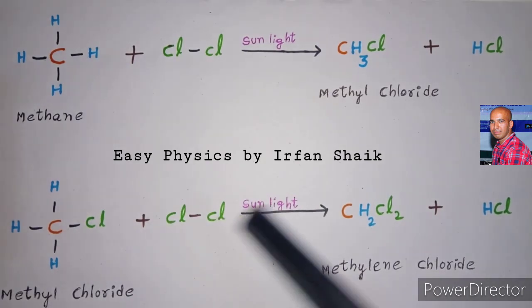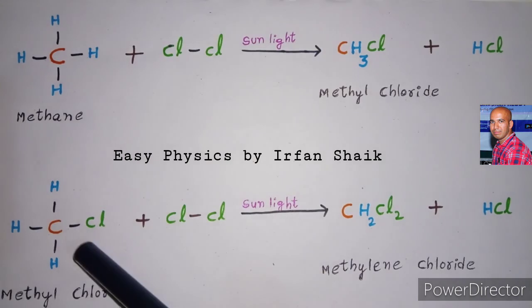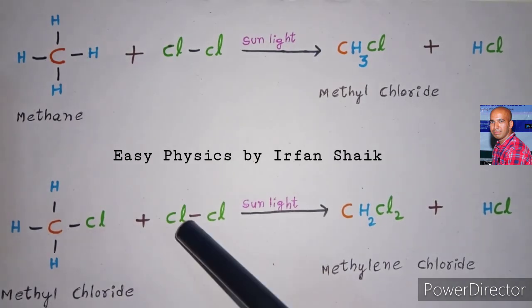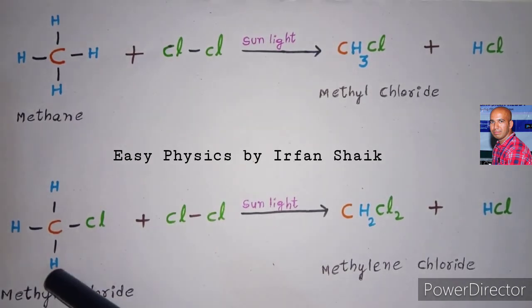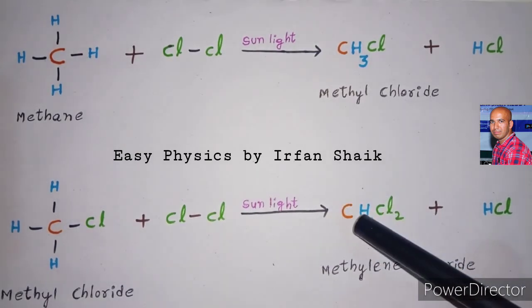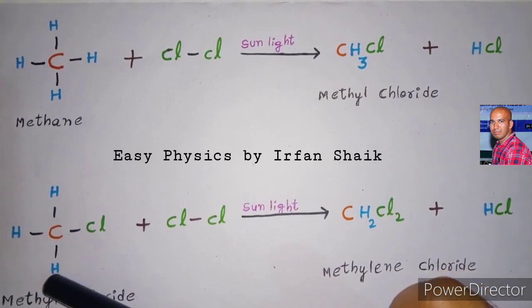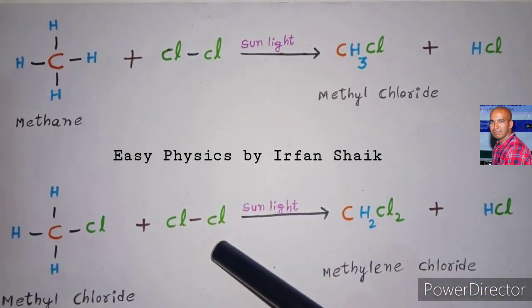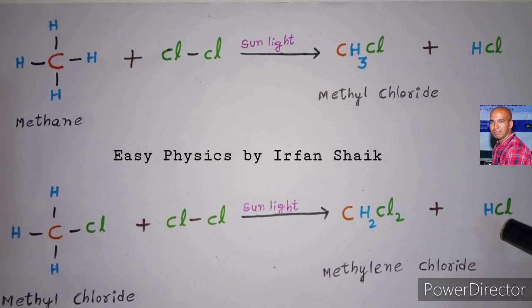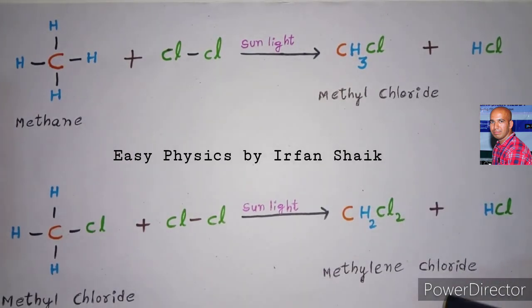Now the compound will change like this, CH2Cl2. Already one chlorine is present here. When another hydrogen is replaced, two chlorines will be in the compound, CH2Cl2, and the replaced hydrogen and the remaining chlorine will form hydrogen chloride. Now the newly formed compound is methylene chloride.